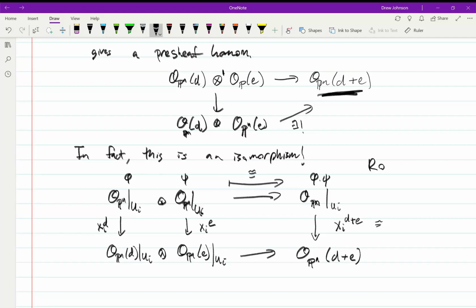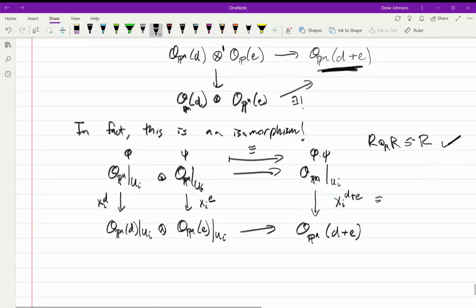It's just R tensor over R with R, which is isomorphic to R by this multiplication map. So that's okay. And then the point is, this diagram commutes. I think it's easy to check, right? And so that implies that this too must be an isomorphism, and that's what we wanted. Okay, great.